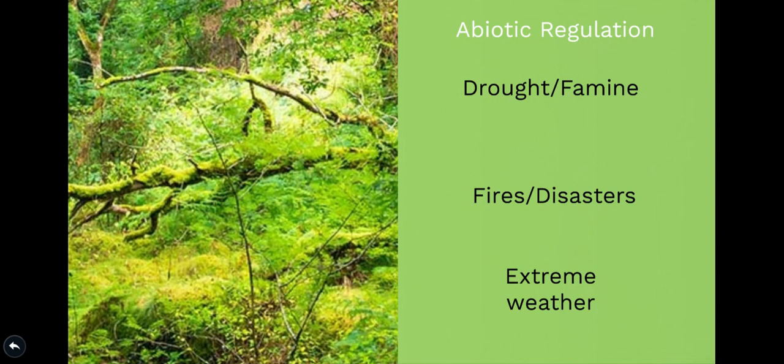Alternatively, animals might choose to migrate away from those fires and come back at a later stage, so that causes population change. And extreme weather, so storms and tornadoes and hurricanes and all these sorts of things that can kill individual organisms indiscriminately again, and can have bottleneck effects on a population, which can then lead to that increase that you might see.